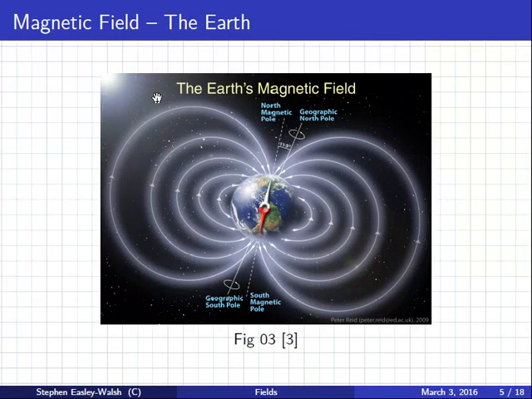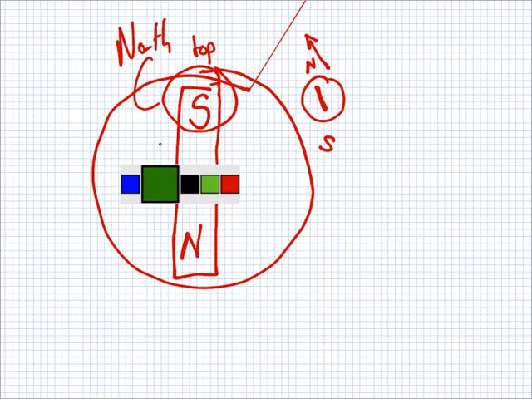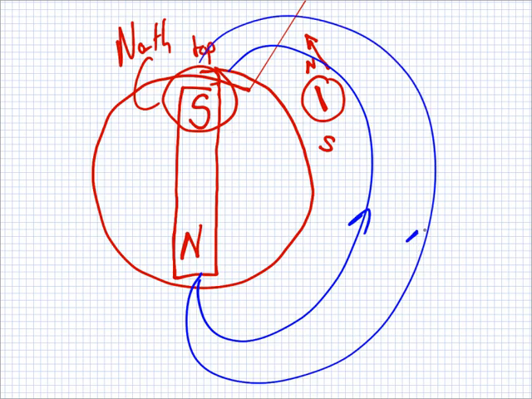There we go. So you can try and draw this. Don't worry, it doesn't have to be as nice as that. What I want to see is just something like this, and then you can put the lines in, going around like that. You know what I mean?